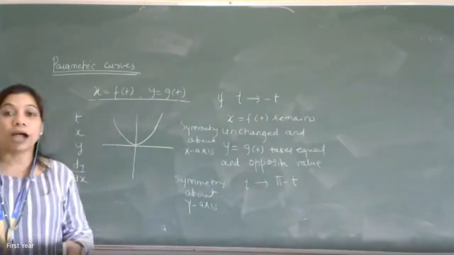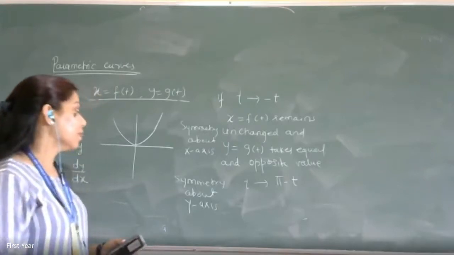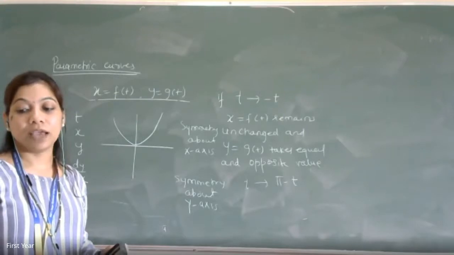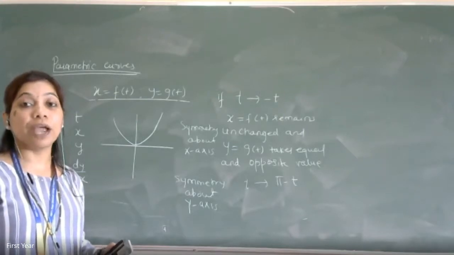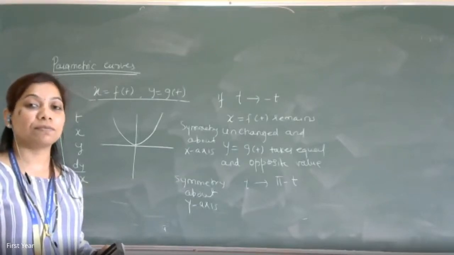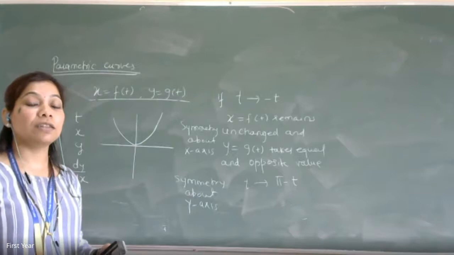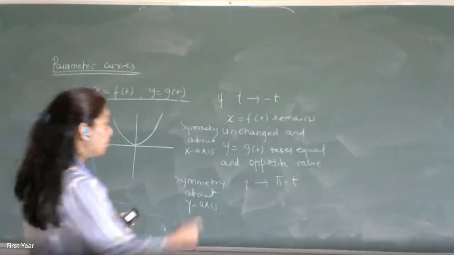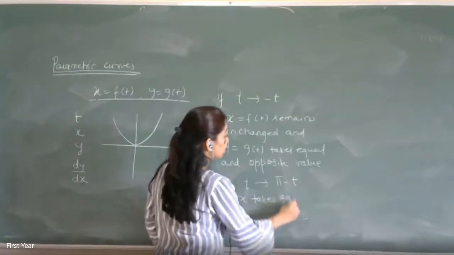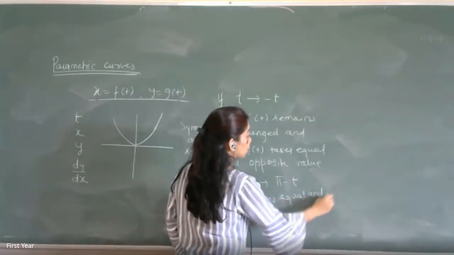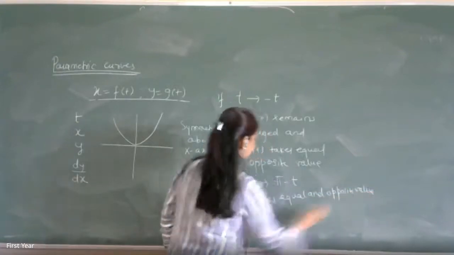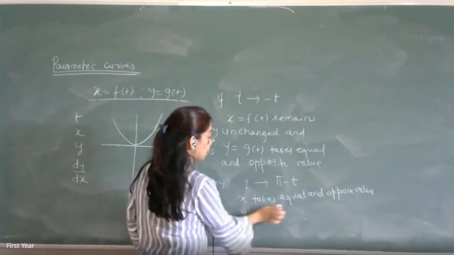If x takes equal and opposite value, and y remains unchanged, then the curve is symmetric about y-axis.